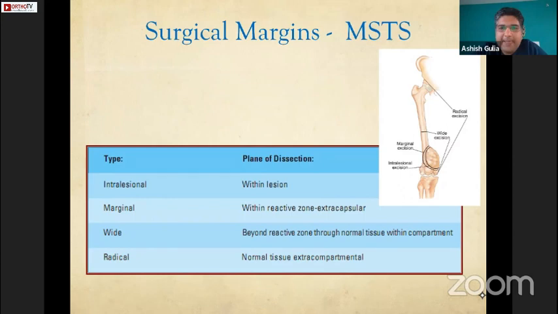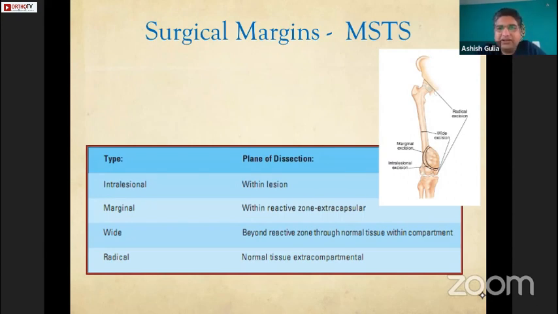This is where a surgeon opens the shell of the tumor, goes inside, cleans the tumor cavity, and then fills the cavity with appropriate substances. This intralesional type of margin is practiced in benign bone tumors, and a typical example is how we do extended curettage for giant cell tumors.